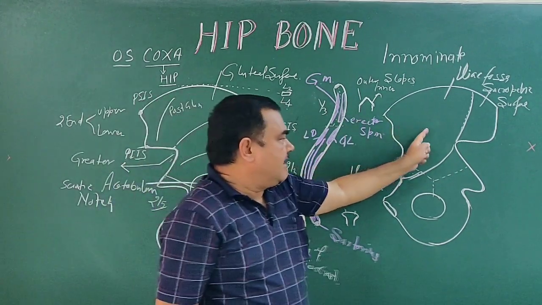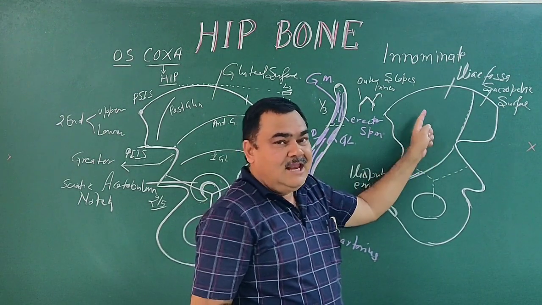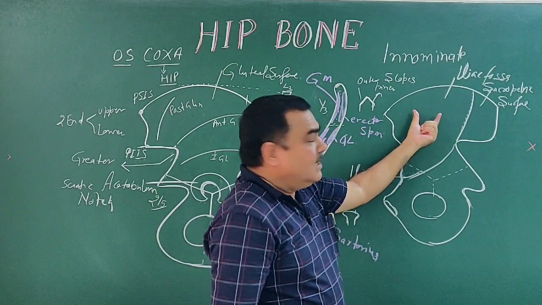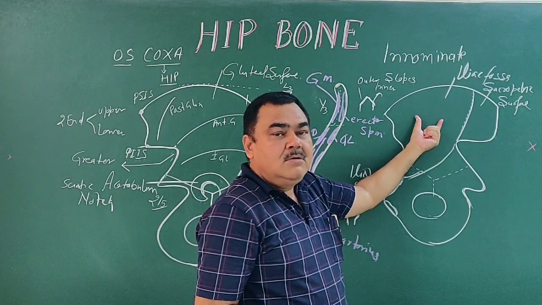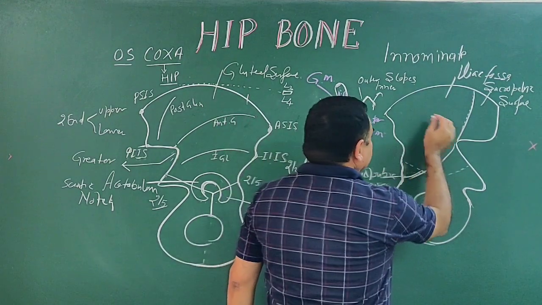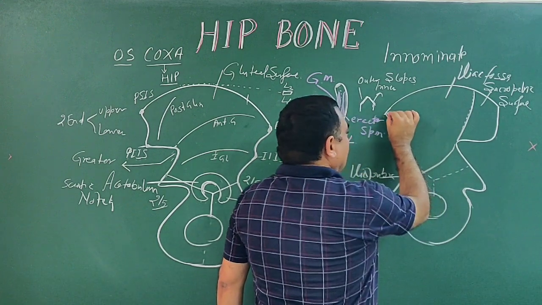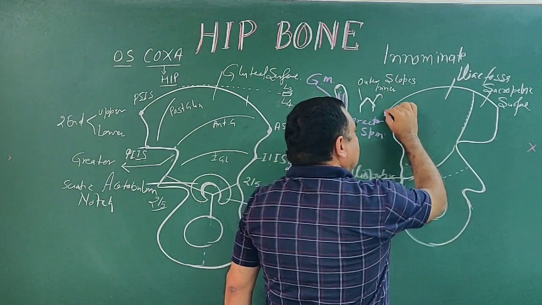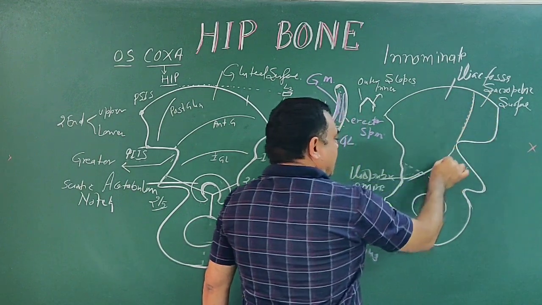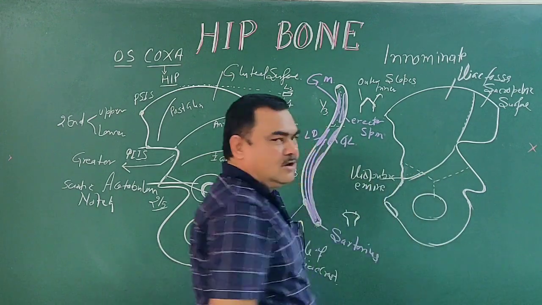Now this surface is the iliac fossa, or inner surface. The iliac fossa forms the false pelvis and lies between the boundaries: superiorly the iliac crest, posteriorly the medial border, and anteriorly the anterior border.